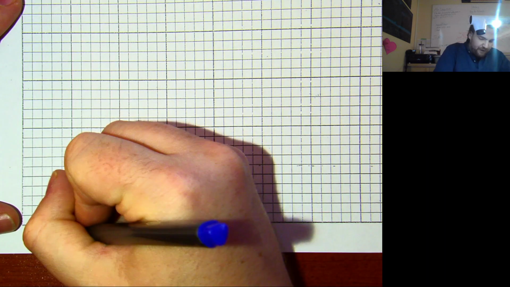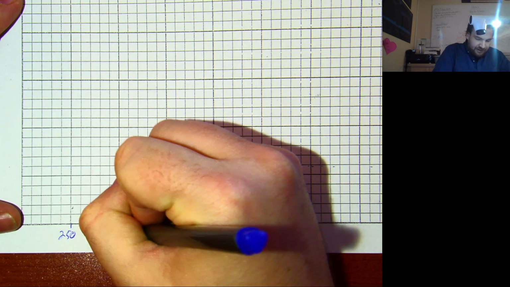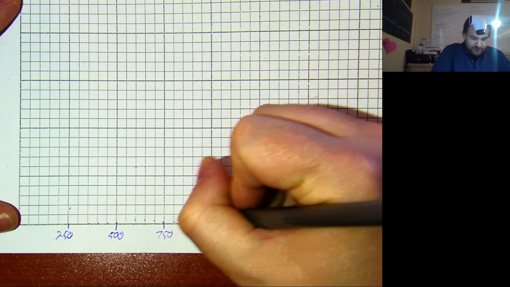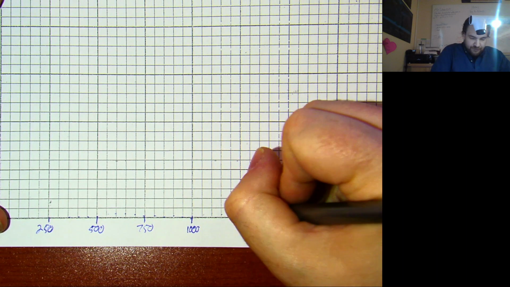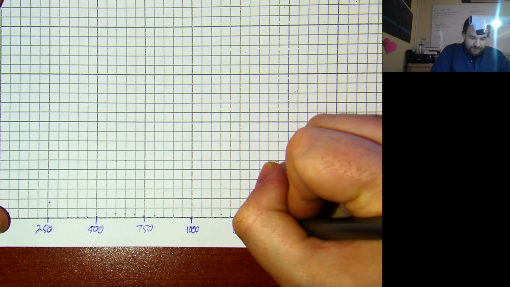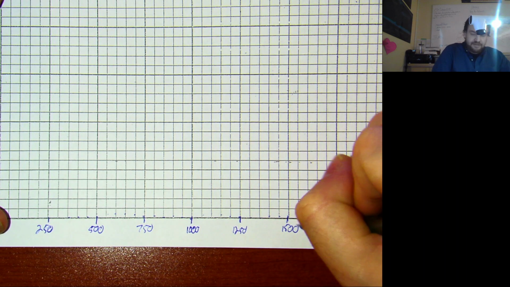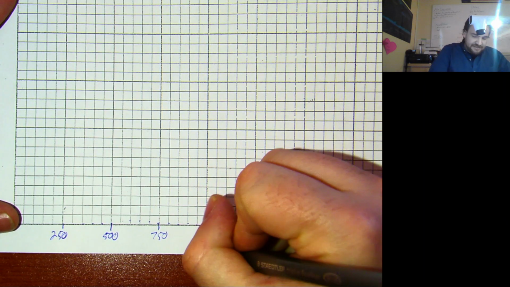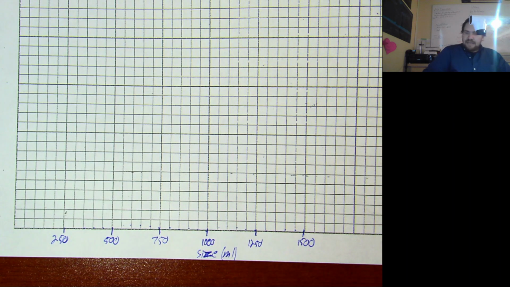Every 5 is 250. 1, 2, 3, 4, 5 is 500. 1, 2, 3, 4, 5 is 750. 1, 2, 3, 4, 5 is 1,000. 1, 2, 3, 4, 5 is 1,250. 1, 2, 3, 4, 5 is 1,500. This is the size in mils. Now I want cents going up the side.